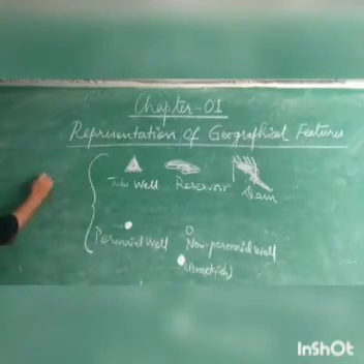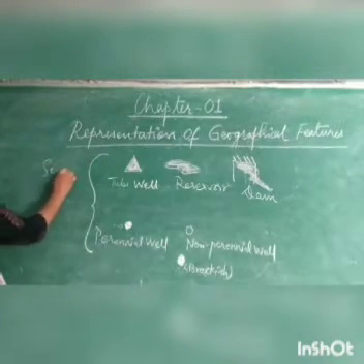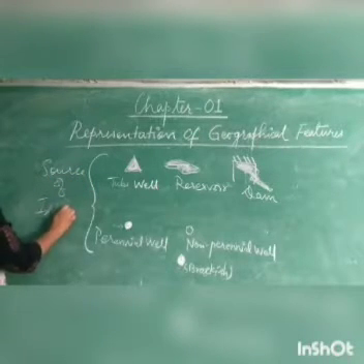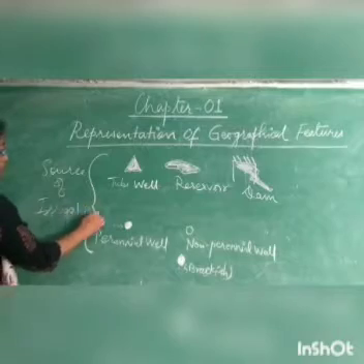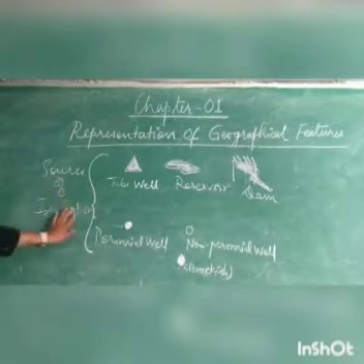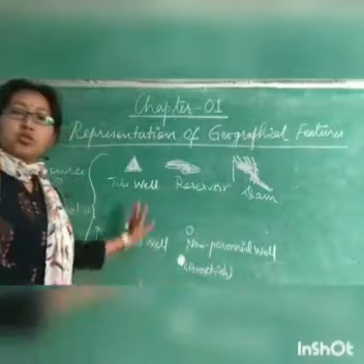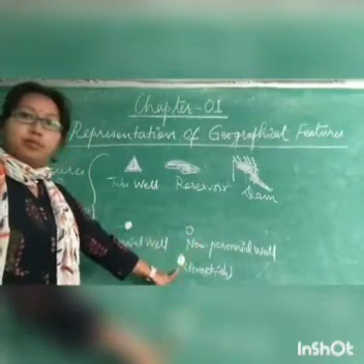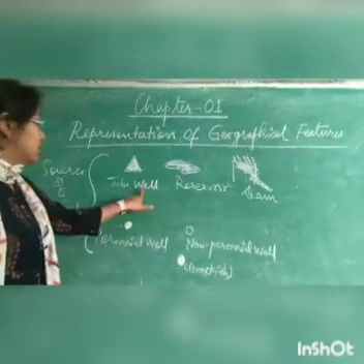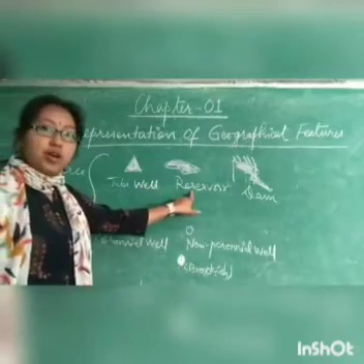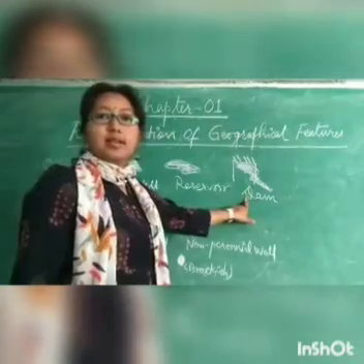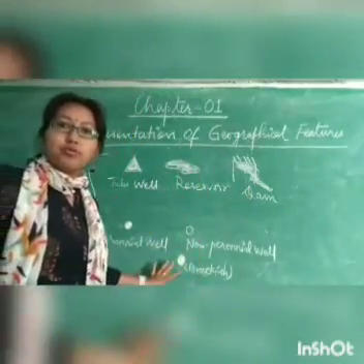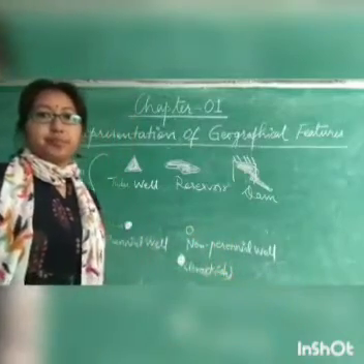Now these are your sources of irrigation. So do write this also. Perennial well, non-perennial well, brackish, tube well, reservoir, and this feature is a dam. Clear? And these are sources of irrigation.